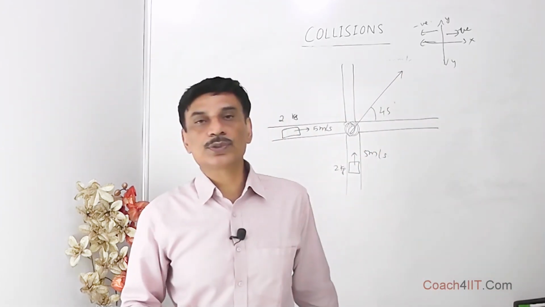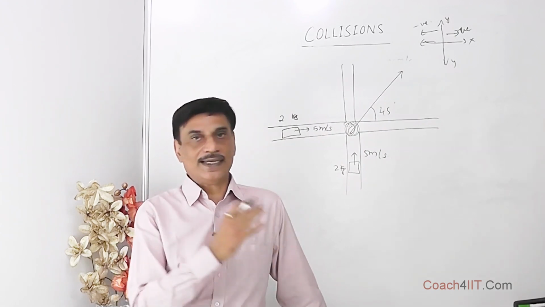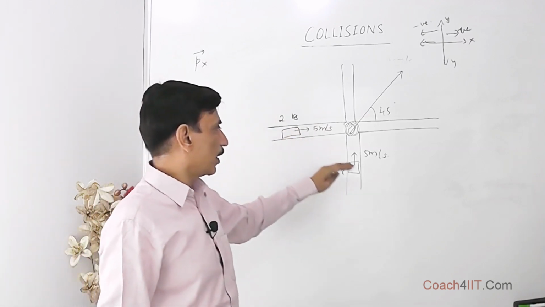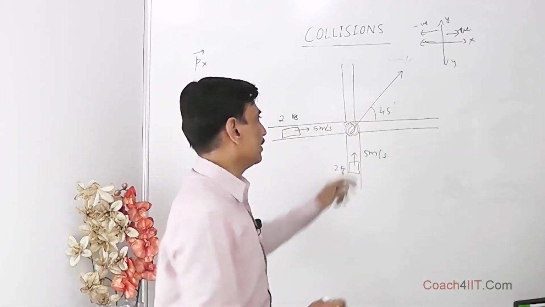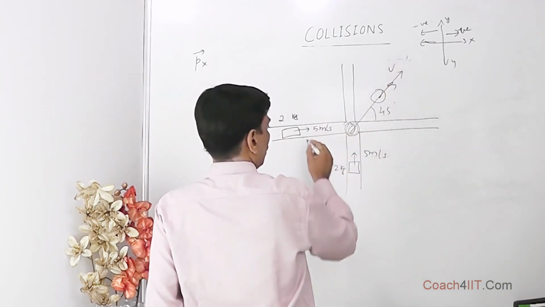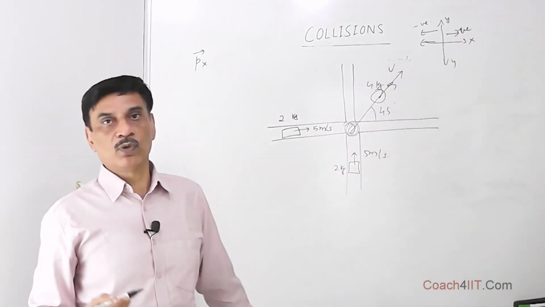Now let's use the conservation of momentum principle and see that this angle comes out to be 45 degree. Over here these two bodies collide and then they move in this direction with the velocity v, making total mass 2 and 2, that is 4 kg, with the velocity v. They move as one body.